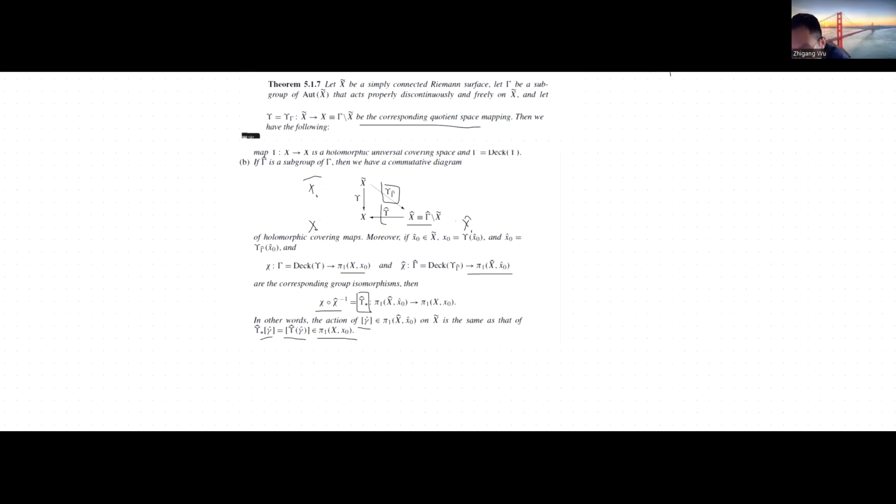So here you have a loop. Sorry, it's an equivalence class actually. You have a loop here, and then you push it forward to a loop in pi 1 of X, x naught, and then you talk about the action of this loop.